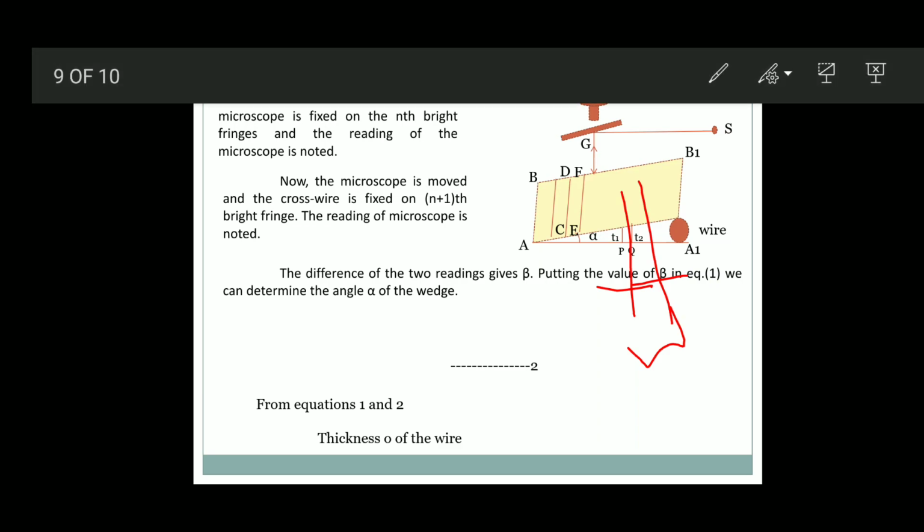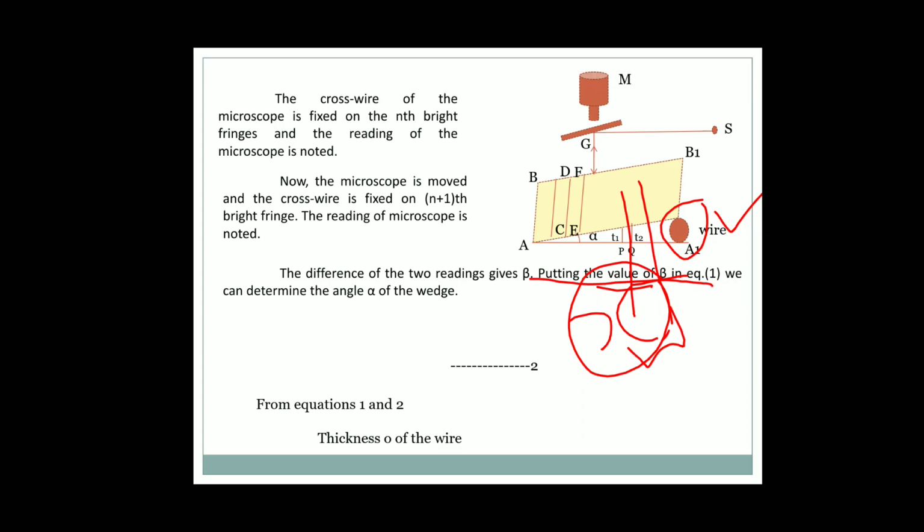If D is the diameter of the wire and A1, that is the length of the glass plate, is x, from this diagram tan alpha is equal to opposite D by x. So tan alpha is equal to D by x, and from the previous slide, tan alpha is equal to lambda by 2 beta.